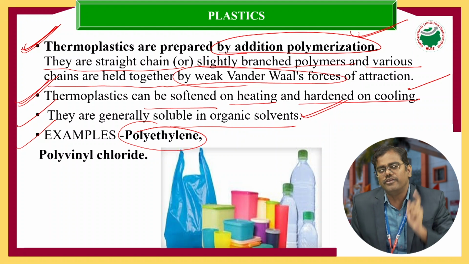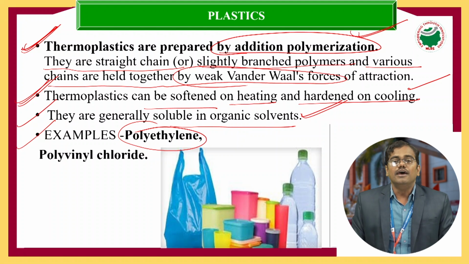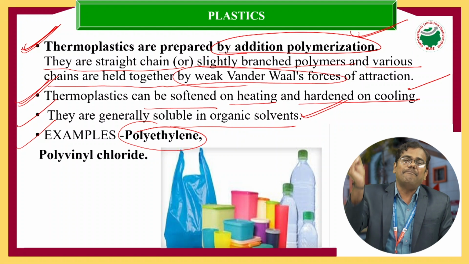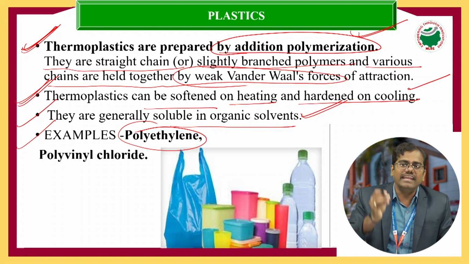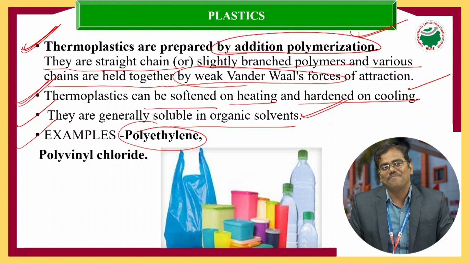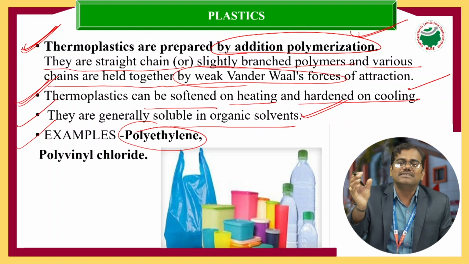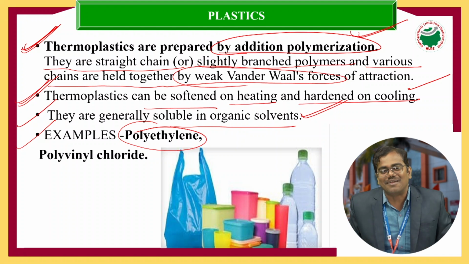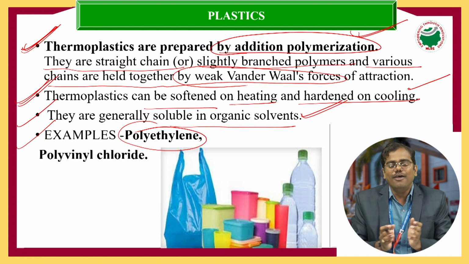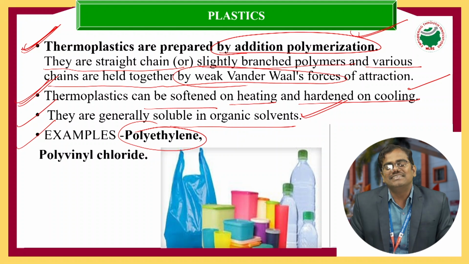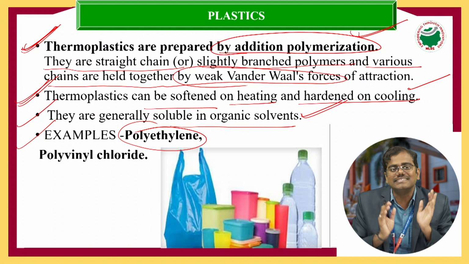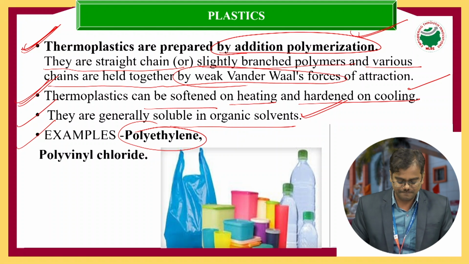One more important point you should remember: whatever polymers we prepare or synthesize by addition polymerization are all examples of thermoplastic resins, because they can be prepared by addition polymerization. So whatever examples we discussed in addition polymerization are applicable to thermoplastic resins.